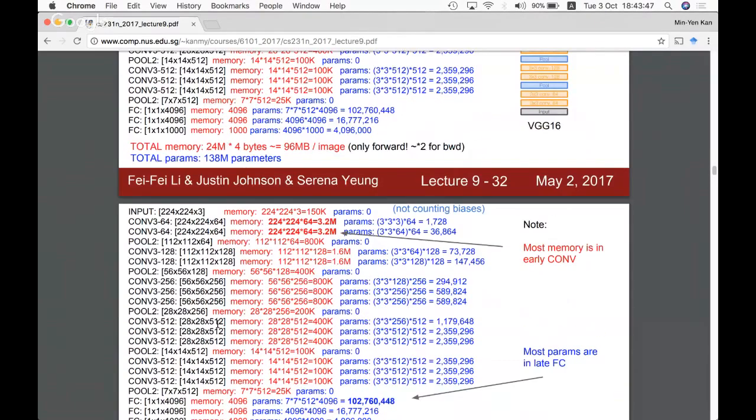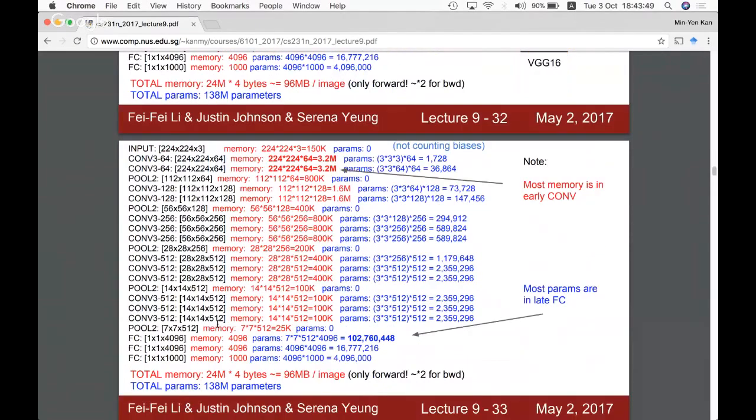One interesting thing over here is that the top layers of the VGG network are the most memory intensive part of the network. The initial conv layers have about 3.2 million numbers, but in terms of the filter size it's smaller, so the parameters are fewer.